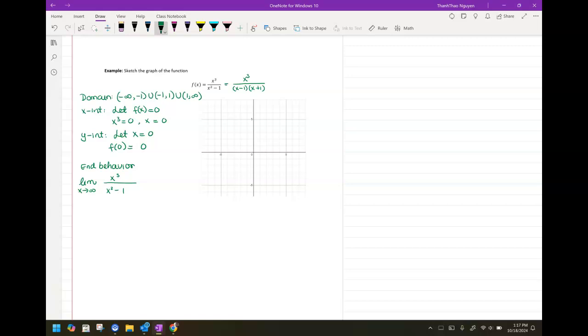So in order to take this limit, I need to break up x to the third divided by x squared minus 1 into two smaller polynomial or rational expressions. To do that, I perform long division.